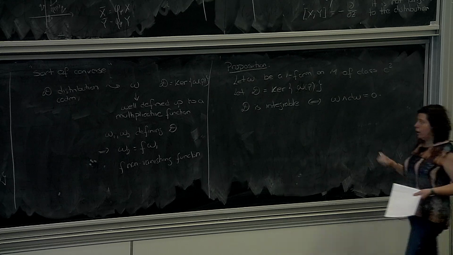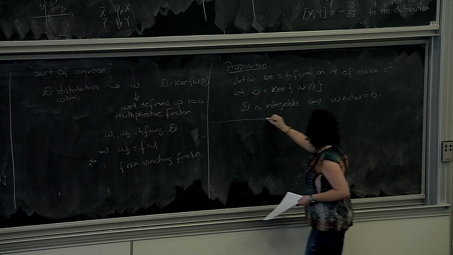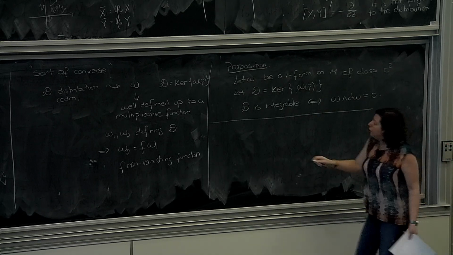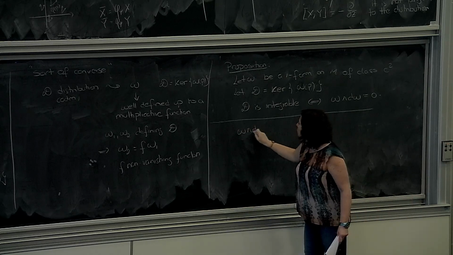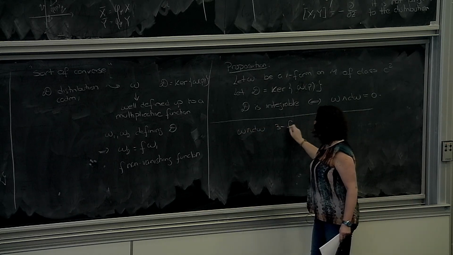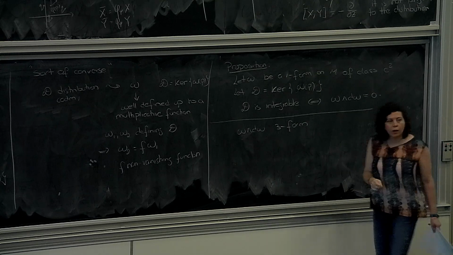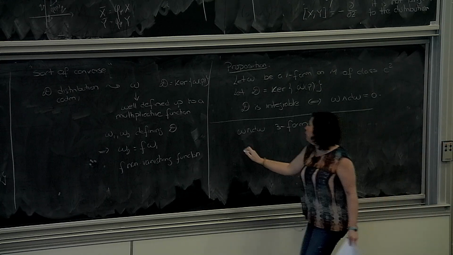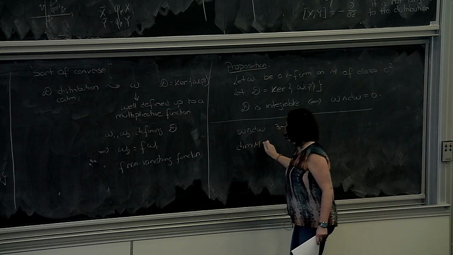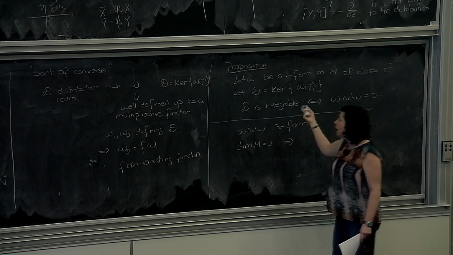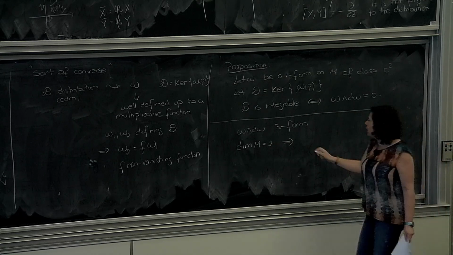Okay, so some remarks here. First, dW is a three form, which means that if the dimension of the manifold M is 2, then the distribution is always integrable.